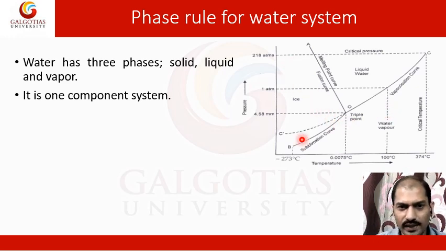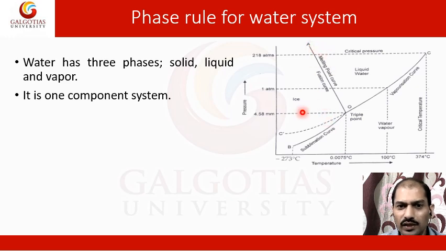In this temperature and pressure graph, the pressure is in millimeters and here you can see the temperature. This point represents 0.0075 degrees Celsius, here it is 100 degrees Celsius, and this is 374 degrees Celsius. Here is one atmosphere, and with the y and x coordinates this phase diagram has been made. So here you can see a number of correlations from this graph.